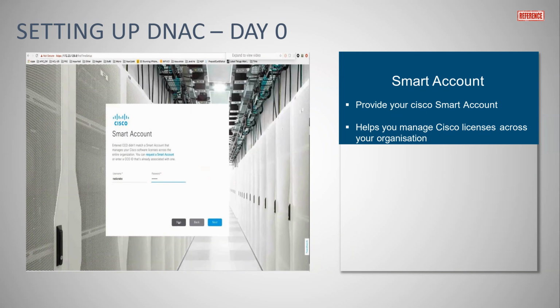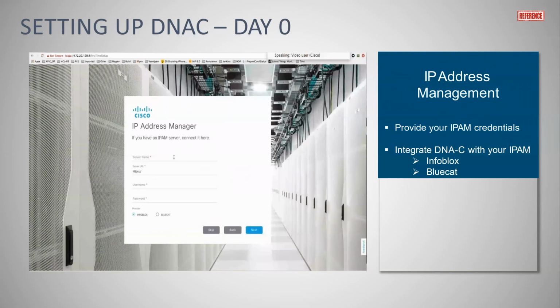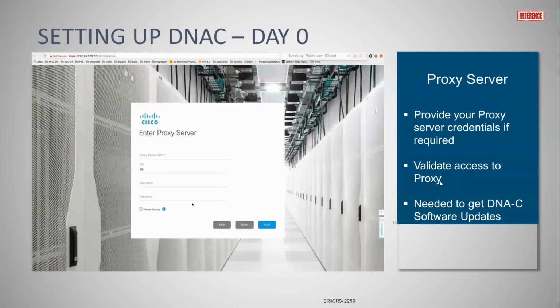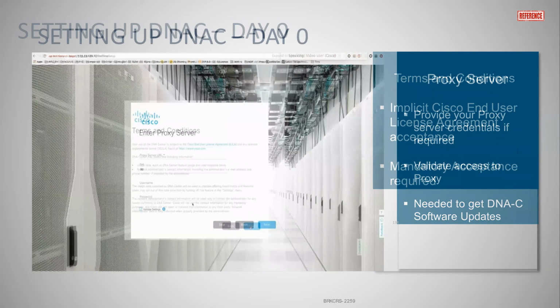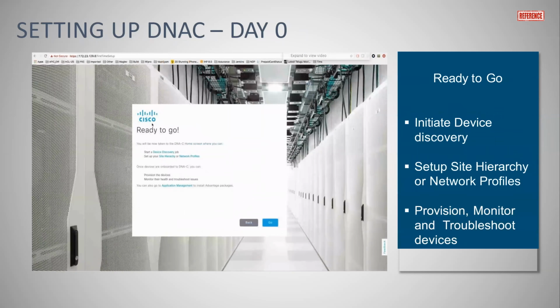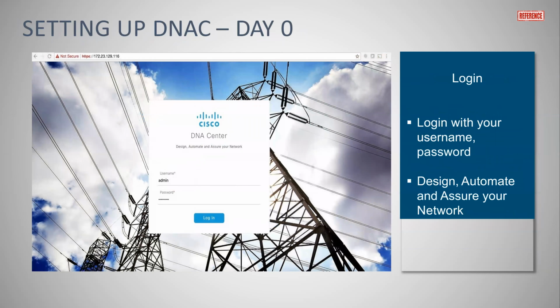Now, if you want to integrate with IPAM, you can give the IPAM information like Infoblox or BlueCat. If you have a proxy server, you can give that proxy server information. Like that, it will ask you all this information, you can add it, and now your DNA is ready to log in.